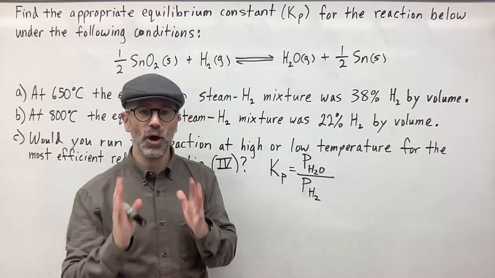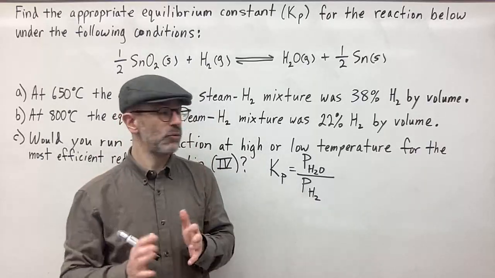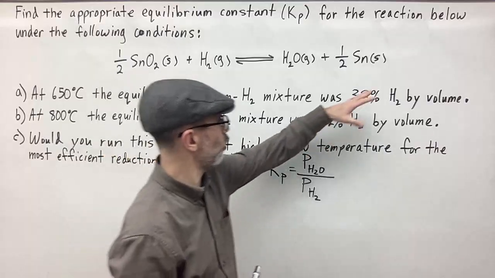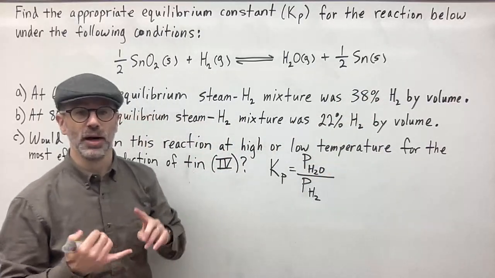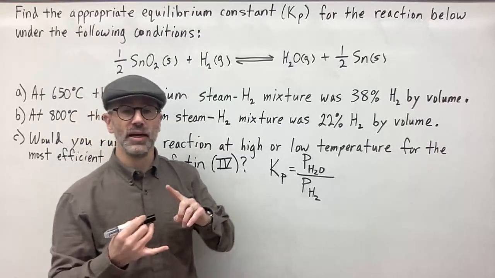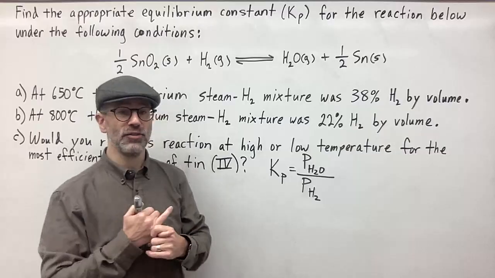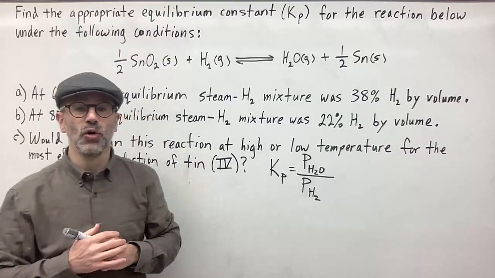Well, what you have to notice here is that when we have volume percentage, we can assume for this reaction that the total pressure is going to be constant. The temperature is going to be constant because they're the same reaction mixture. The volume's going to be constant.